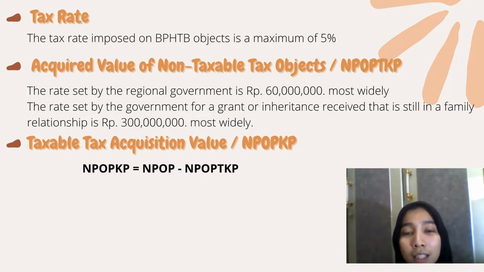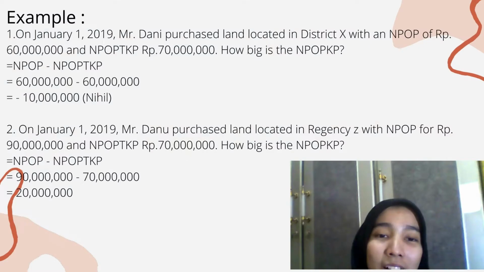And next, we determine the NPOPKP. NPOPKP equals NPOP minus NPOPTKP.